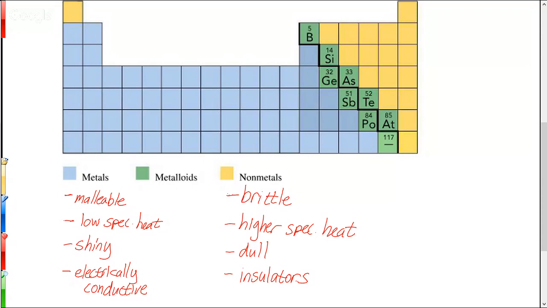Any ideas? Oh, I meant just like looking at the periodic table. So if I just said S, which is number 16, how would you know that that is in the yellow, in nonmetals, if you didn't have this chart to look at?